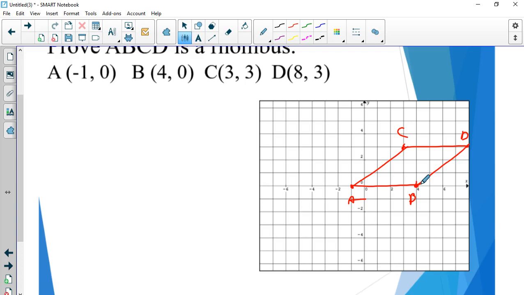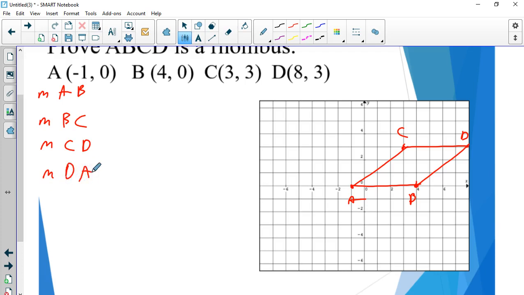So again, I find it easier just to go right off the bat, prove the slopes. That's the easiest way. So the slope of AB, BC, CD, and D back to A.